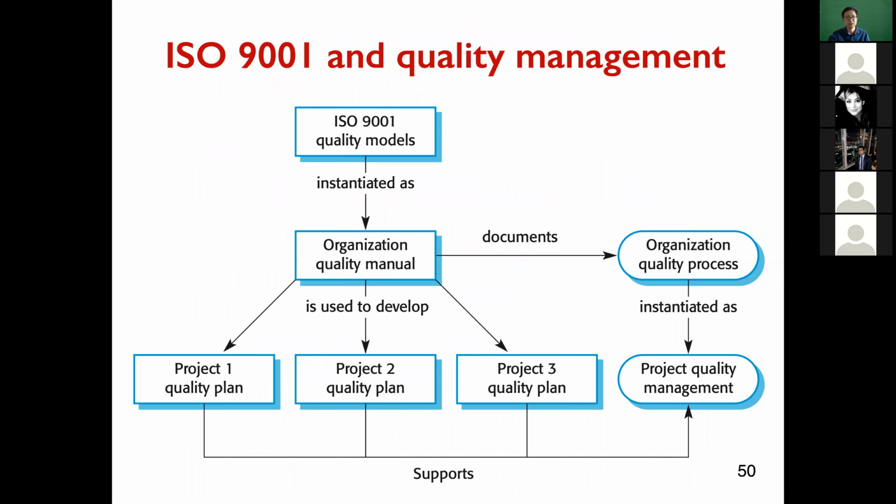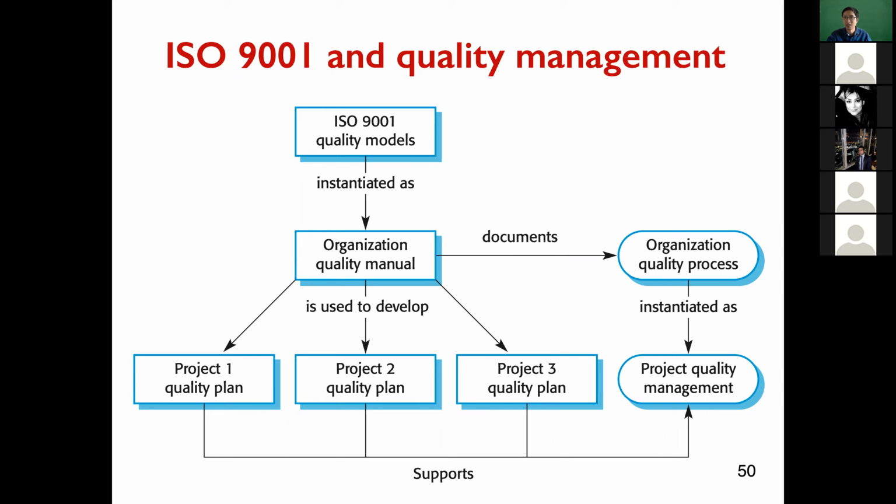Here it outlines how you can follow the ISO 9001 standard. ISO 9001 has a quality model. Based on this quality model, your organization needs to define a quality manual, which for software is a software quality assurance plan.